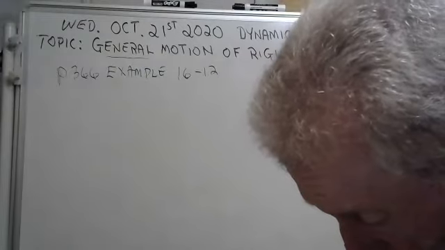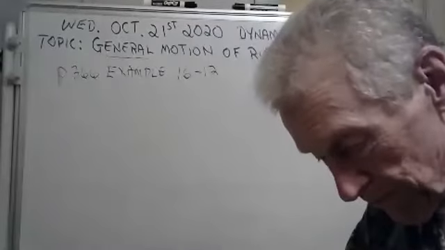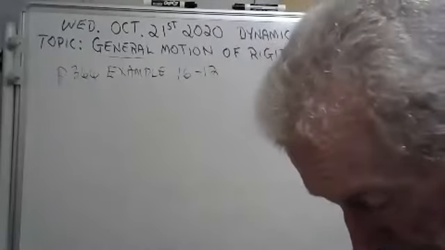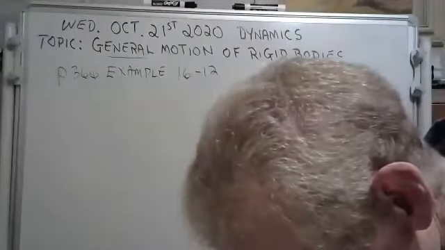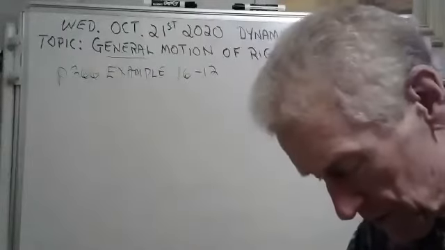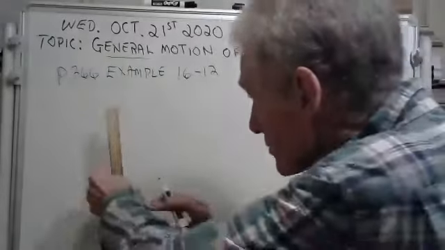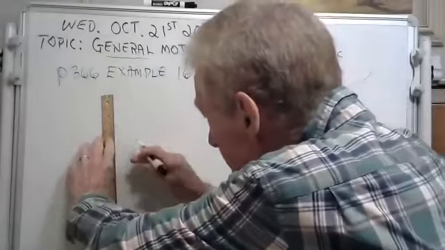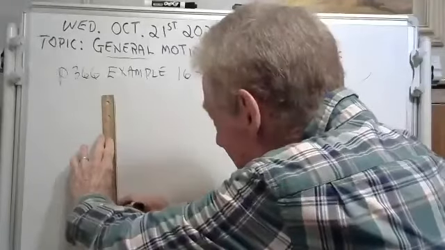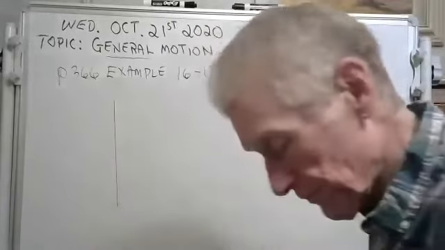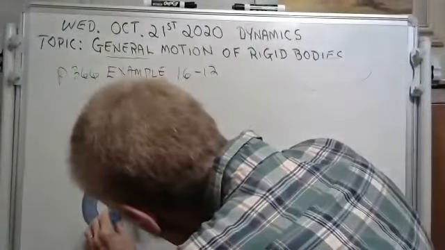Let's draw these to scale, shall we? You always draw these things to scale. It looks like they've got 45 degrees there. Okay. Well, let me do that. I'm going to try to draw this thing to scale. Now I need 45 degrees, so let me get 45 degrees here.